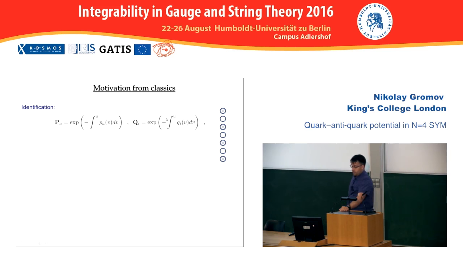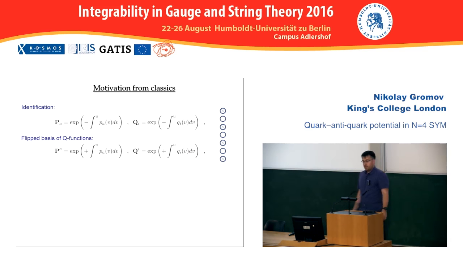But the problem is that it will flip the sign, so there will be no nice linear identity. This is resolved if we realize that PSU(2,2|4) has the following symmetry. We can rotate it, and so there are two natural bases in the Q functions. One can be denoted with upper indices, another with lower, and they are related by some Hodge transformation. Otherwise, they should be equally nice.